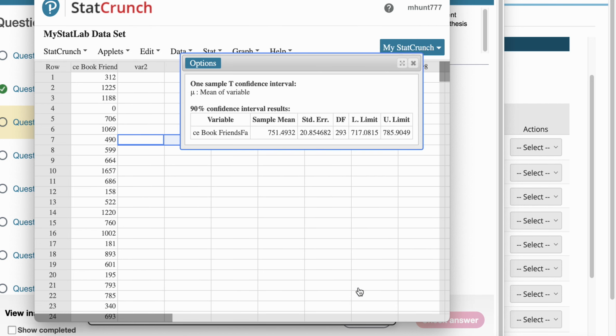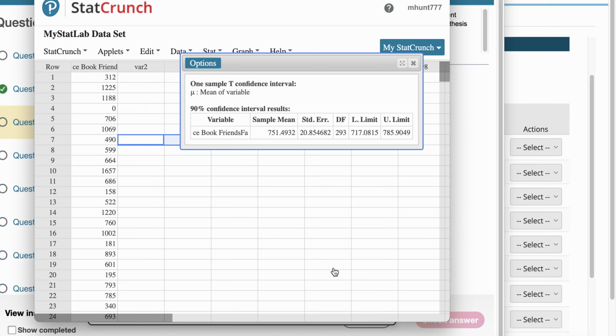So now we have a confidence interval, and that's powerful. They didn't ask us for it, but who knows? In another situation, they might. 717.08 is the lower bound, and the upper bound is 785.90.